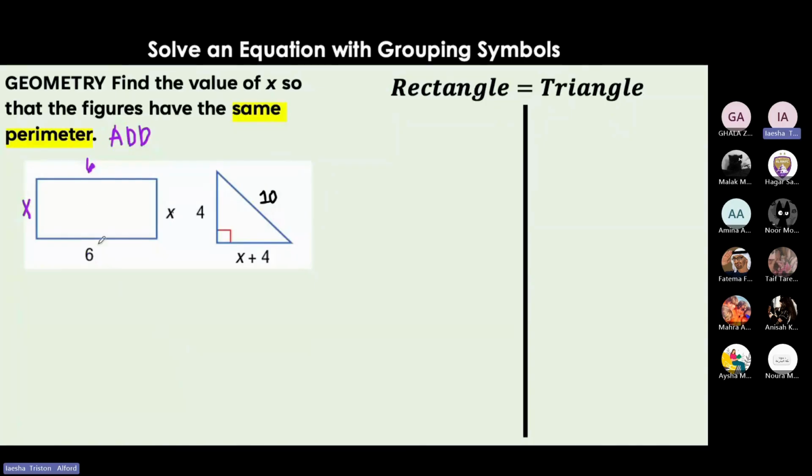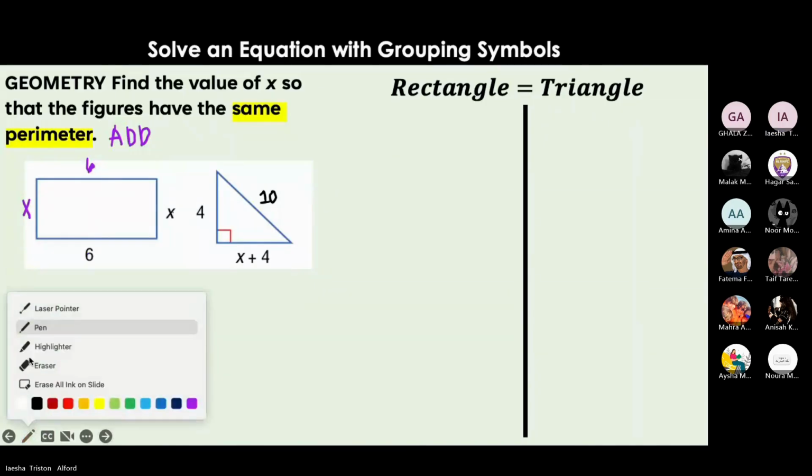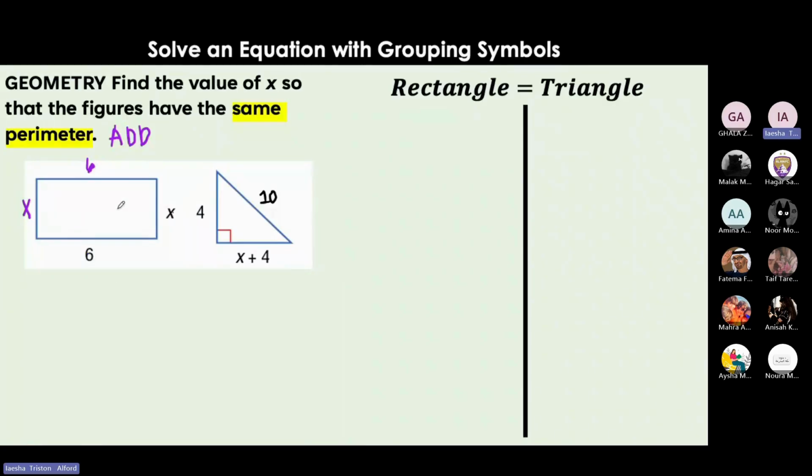Okay, so for the rectangle, if we want the perimeter, it should be X plus 6 plus X plus 6. But you have to clean up. I have 2 X's.